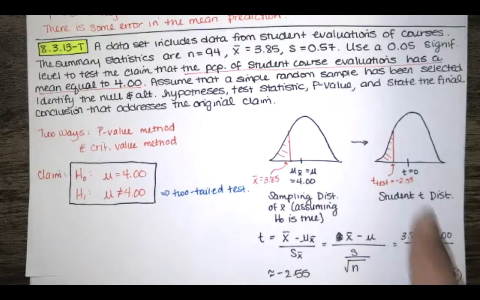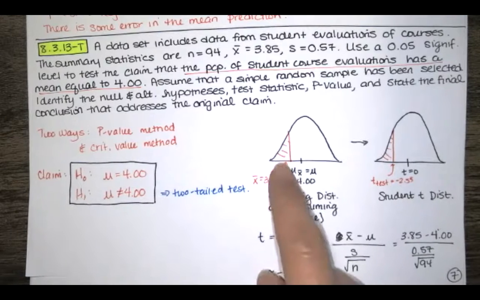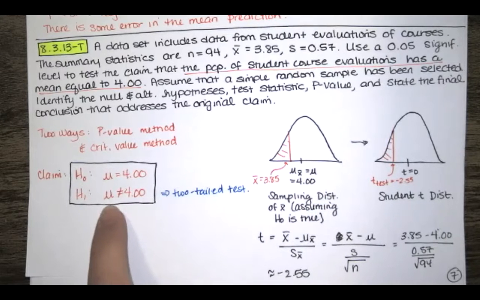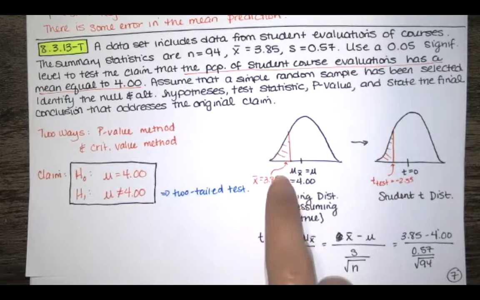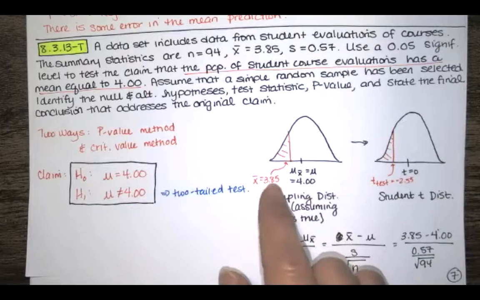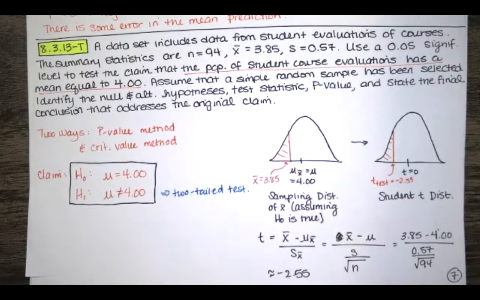Now the p-value is associated with this test statistic, and it's also associated with that X bar. P is the probability of getting an X bar that is as extreme as our X bar or more extreme than that. And since we are talking about a two-tailed test, we're not just saying the probability that X bar is equal to 3.85 or less than 3.85.